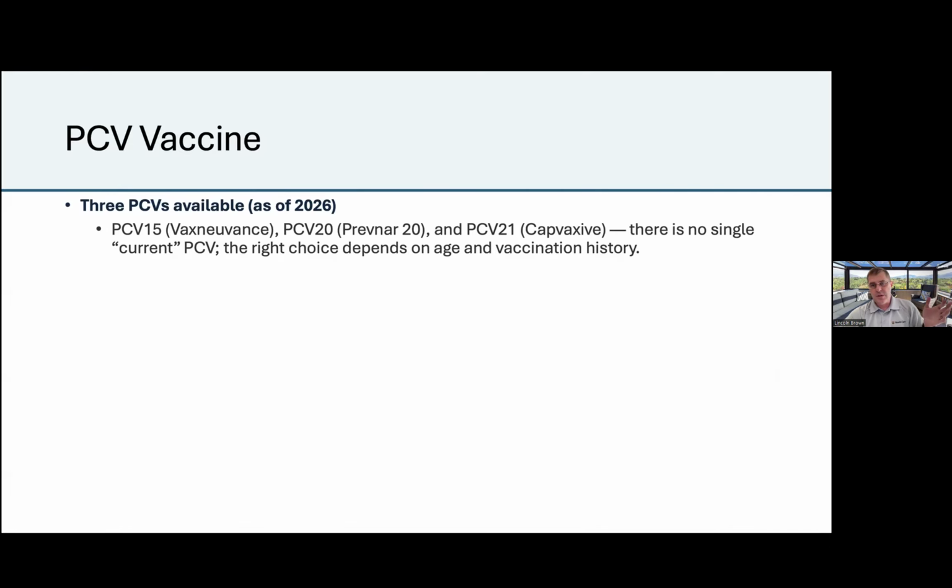Since then, we've had PCV 10, 15, 20, 21, and 23. 23 doesn't have much application to children, but the 15, 20, and 21 do here in the States. Is this something that you guys are seeing or using? Which type of pneumococcal vaccines are available where you're working?